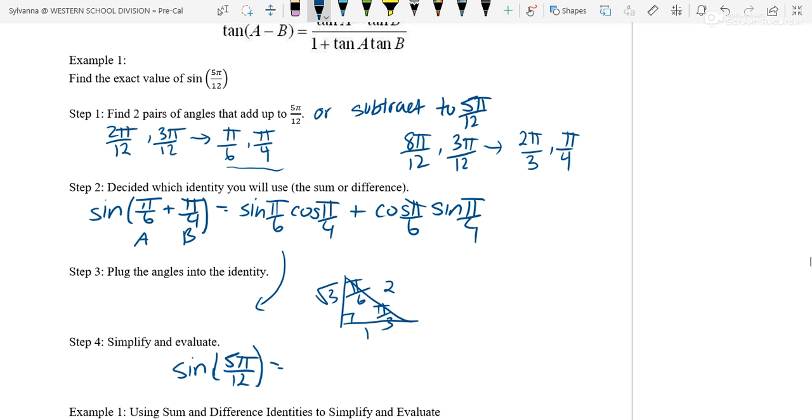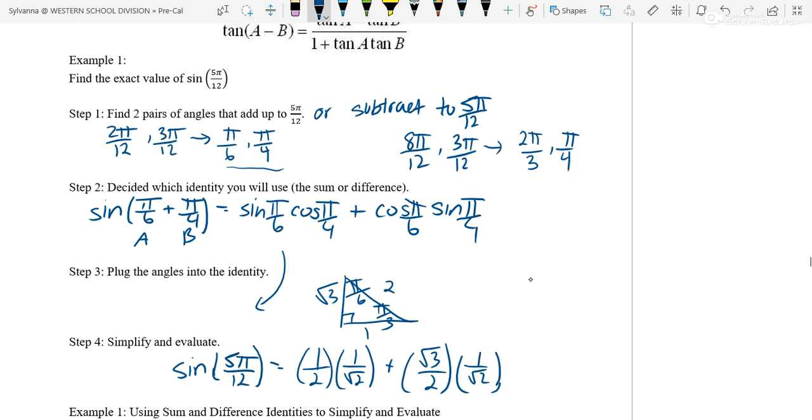Sine of pi over 6, that's opposite over hypotenuse, which is a half. Cos of pi over 4 is going to be 1 over root 2, one of our triangles again. Plus cos of pi over 6, which is root 3 over 2. And then sine of pi over 4 is 1 over root 2 again.